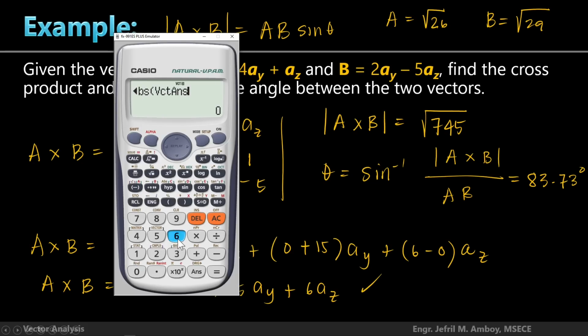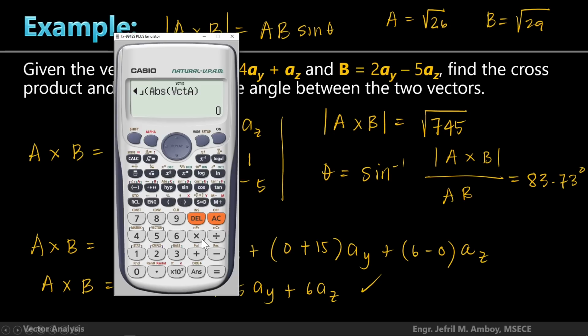Okay? So 6. And divide it by, so we use the fraction sign, no? Divide it by the absolute value of A times the absolute value of B. Okay, so to get the absolute value, shift hyp for the absolute value of what? Vector A. So shift vector, vector A, and close parenthesis.